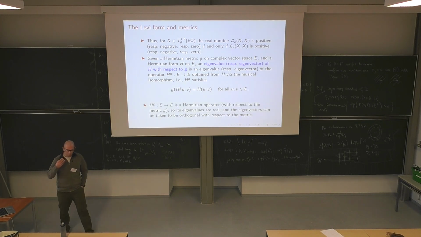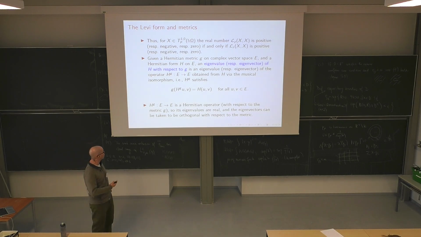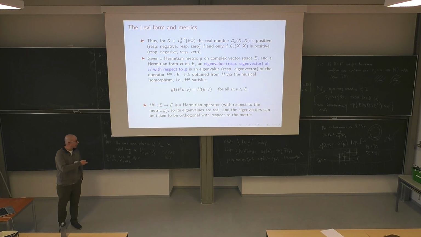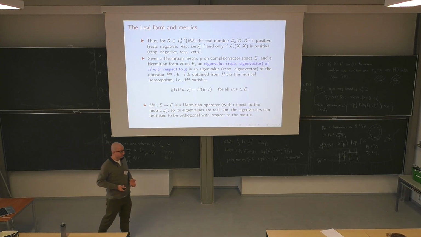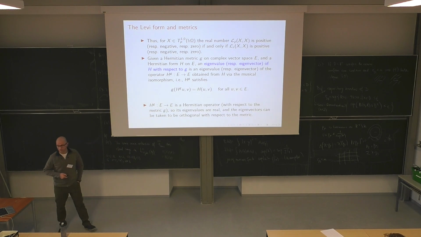Once you have the Hermitian operator, we can talk about the eigenvectors, and we know with Hermitian matrices the eigenvalues are real. So once we have a metric, we can really talk about the eigenvalues and eigenvectors. Of course, these depend on the metric in a fundamental way.